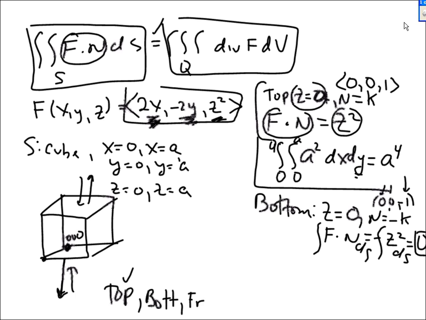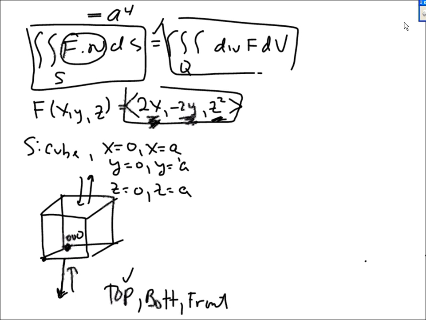Now let's do the front. Since the bottom didn't contribute anything, let's do the bookkeeping on top. So far, we got a to the 4th, plus 0 is still a to the 4th. Now let us do the front. We'll call front and back the x-axis.